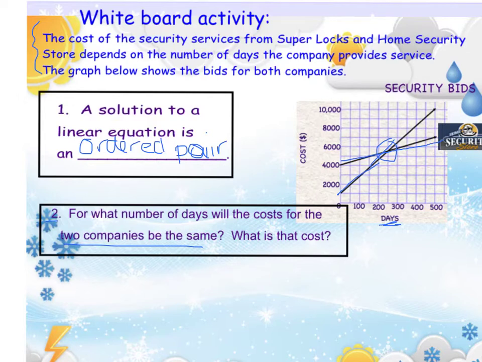So you have to read they are the same at, let's see, 250 days. And then we can even read across and estimate about $5,500.